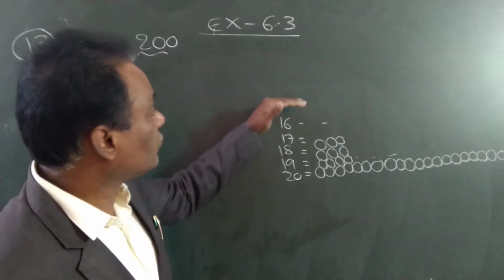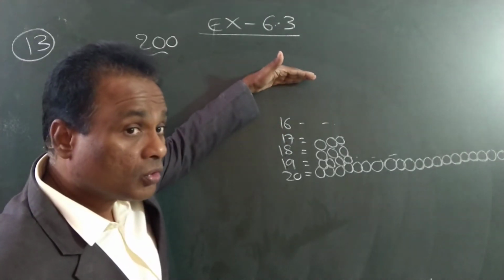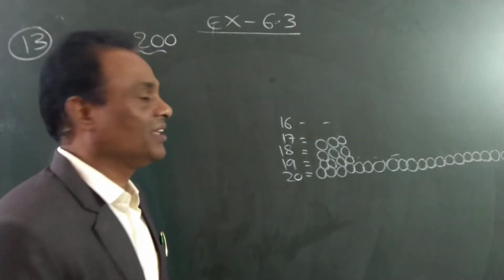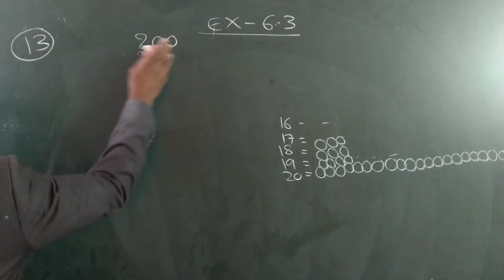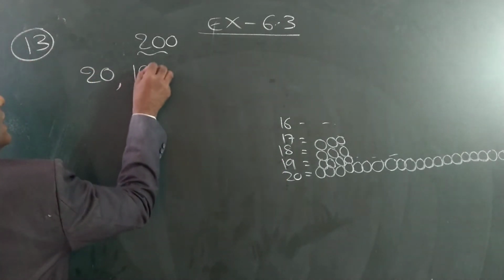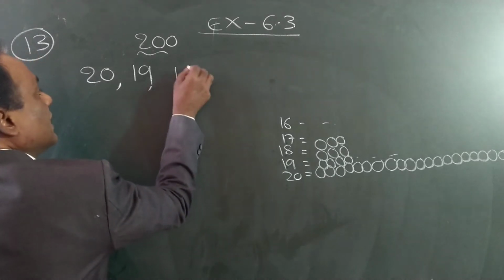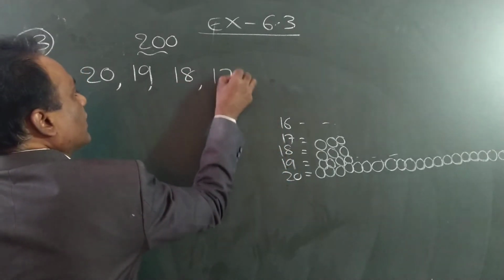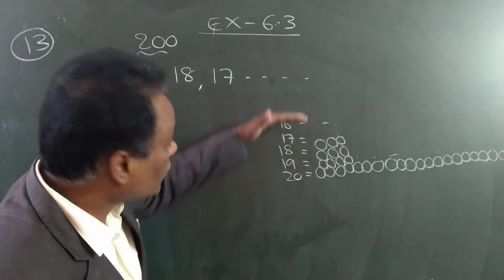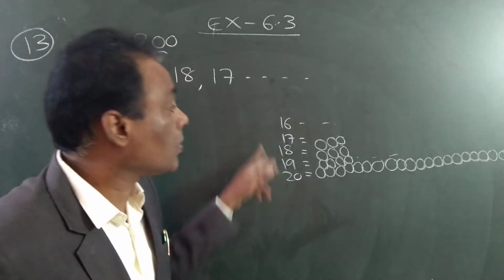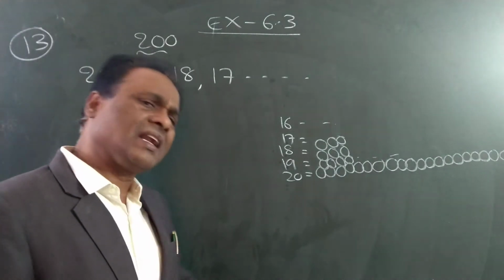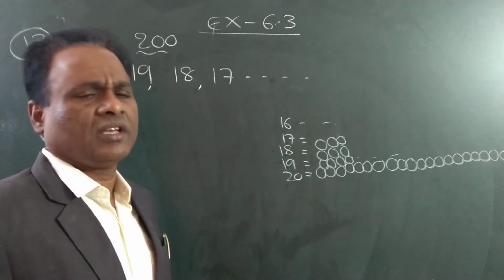How many rows do we have to keep so that the total number of logs is 200? That is the question. I already gave the explanation and notes in the last class.